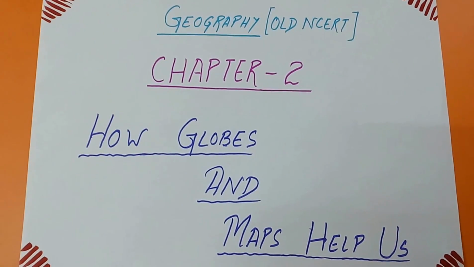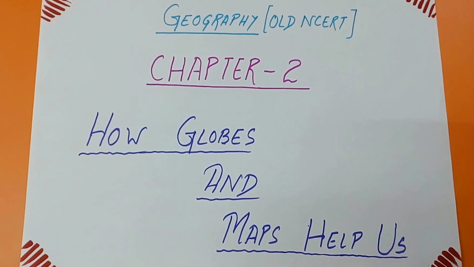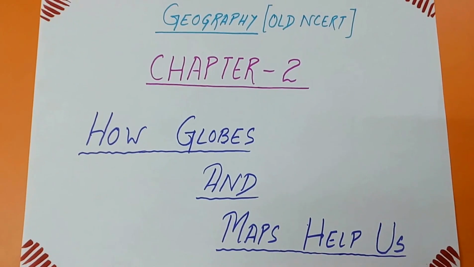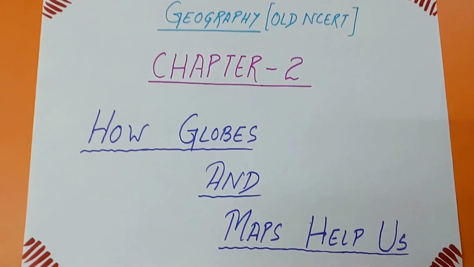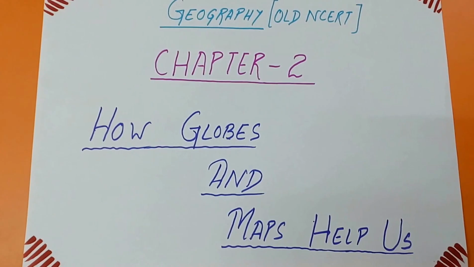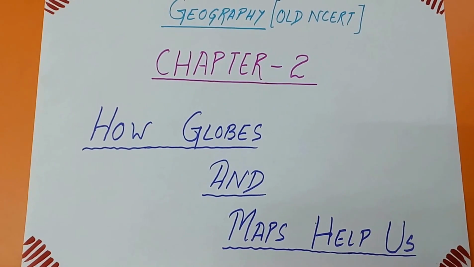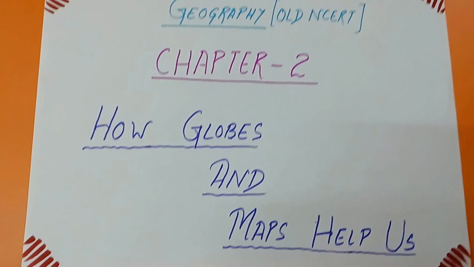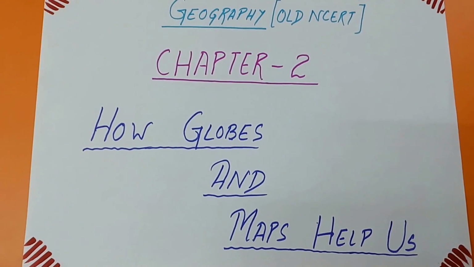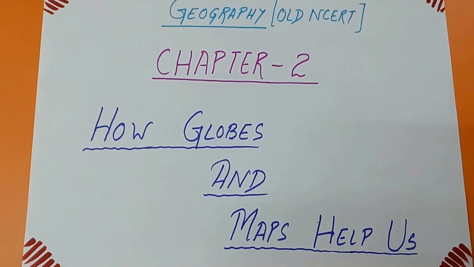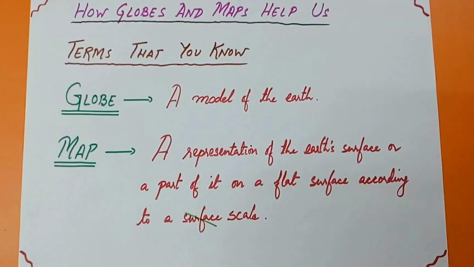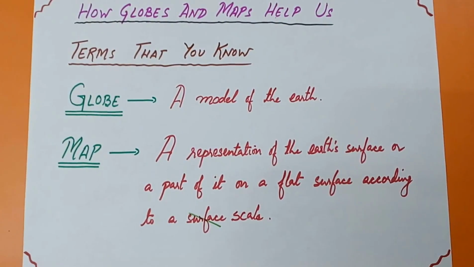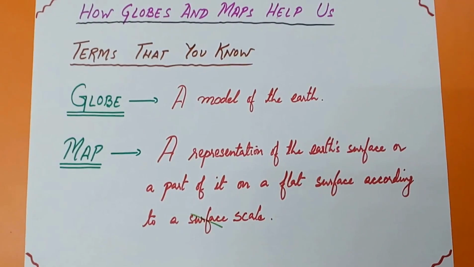The first part will be terms that you know, the second part I will deal with the keys and the summaries, and the third part will be new terms you have learned. So let's begin the second chapter, how globes and maps help us.